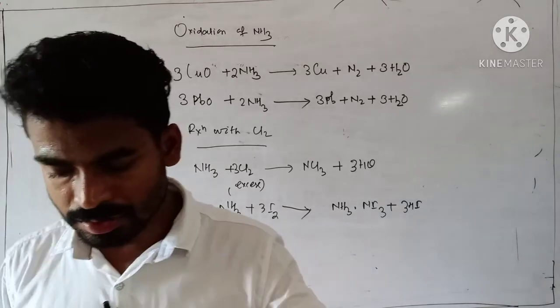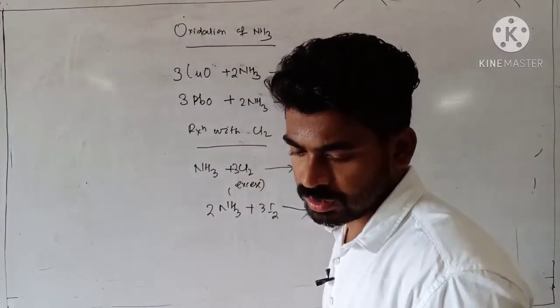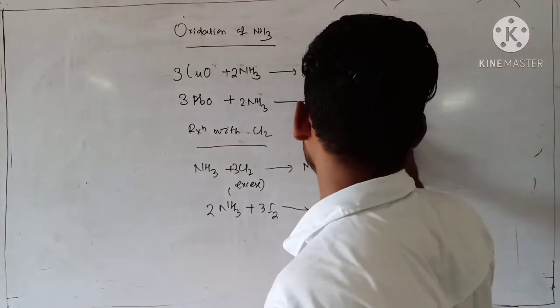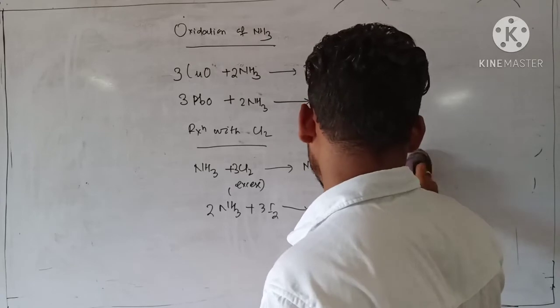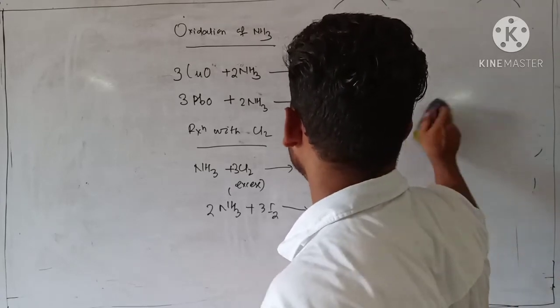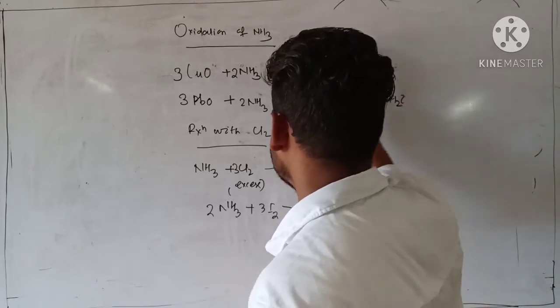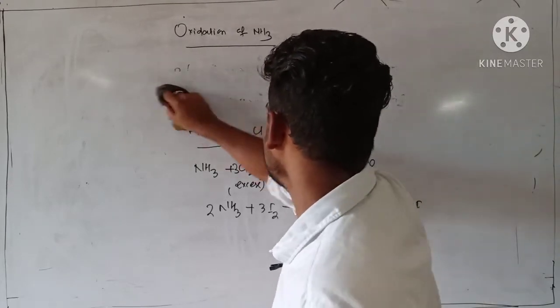Next we will discuss Ostwald's process, where the oxidation of ammonia is one of the major steps in the manufacturing of nitric acid.